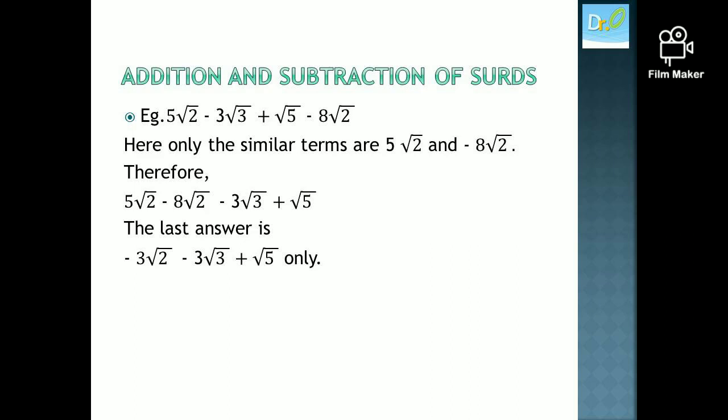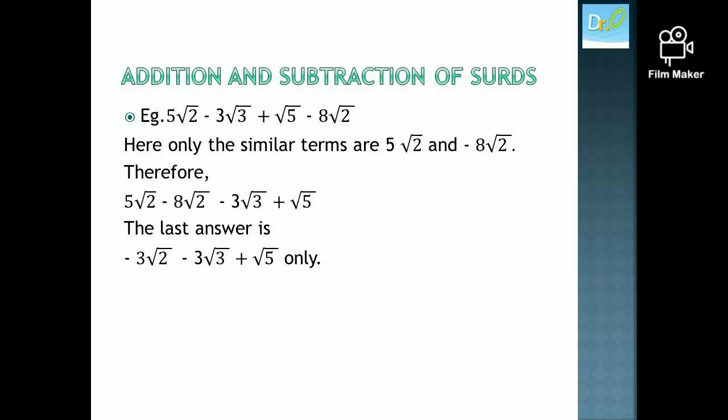Let's make this question a little bit challenging. Here we need to simplify 5 root 2 minus 3 root 3 plus root 5 minus 8 root 2. Now try to understand what are the similar terms over here. The similar terms are only 5 root 2 and minus 8 root 2. Root 3 terms are not similar with root 2 terms or root 5 terms.